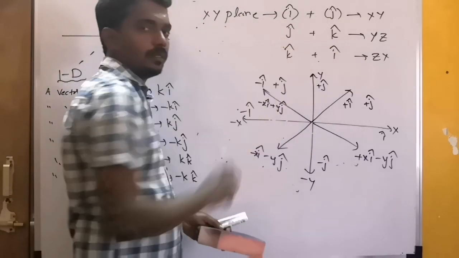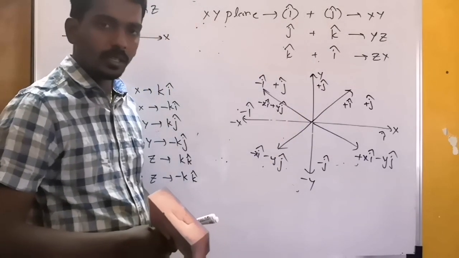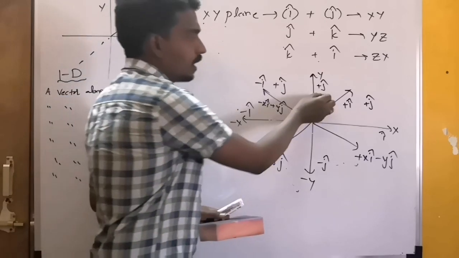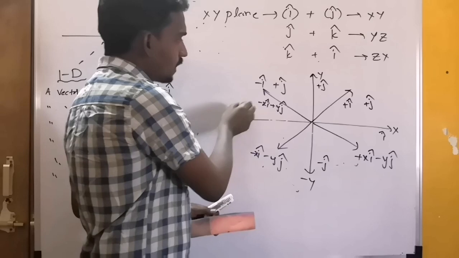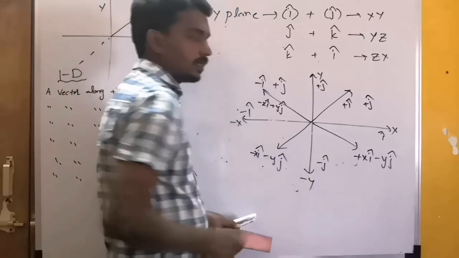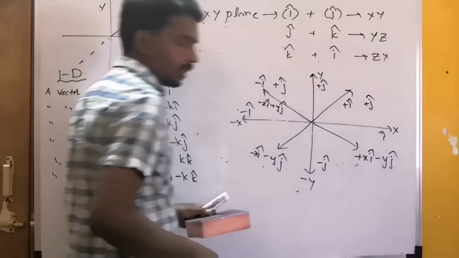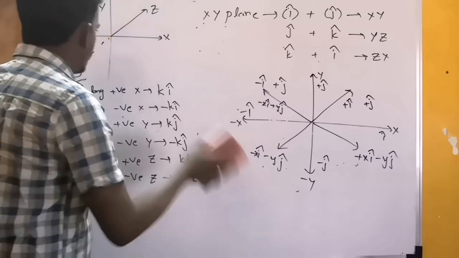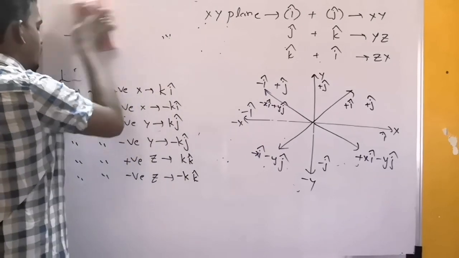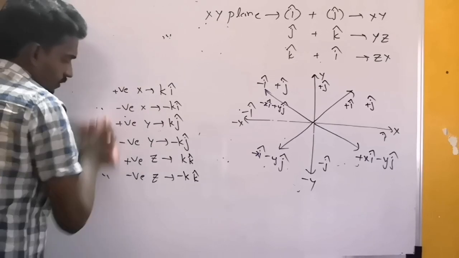Also in each one, like in the xy plane, the ij combination comes, but there are four combinations: plus i plus j, minus i plus j, minus i minus j, plus i minus j. Similarly yz, similarly zx. So why will these plus and minus come? Because it depends on the direction.